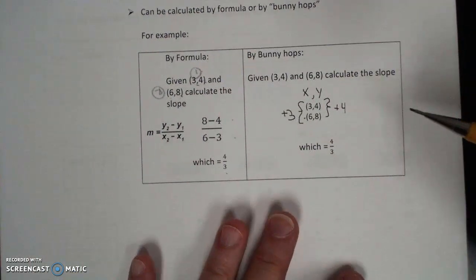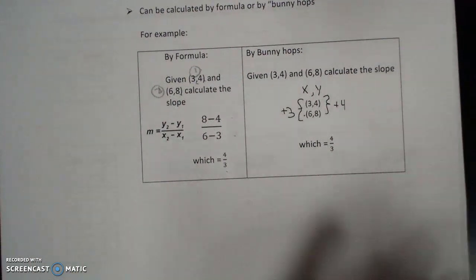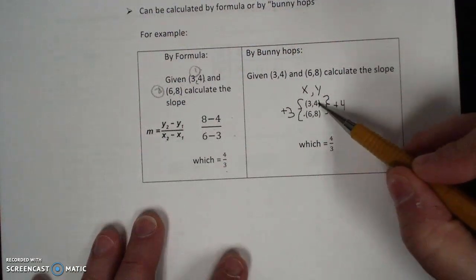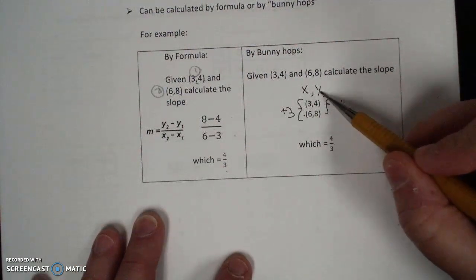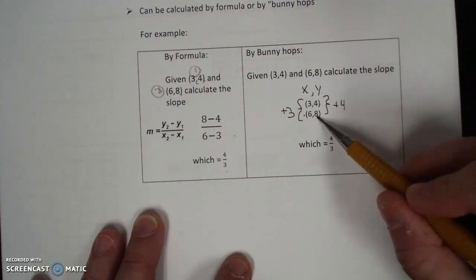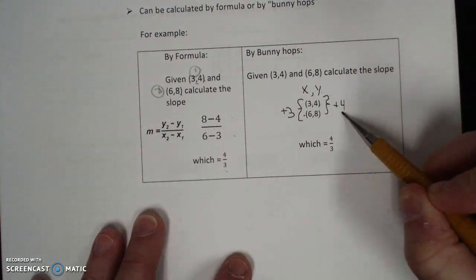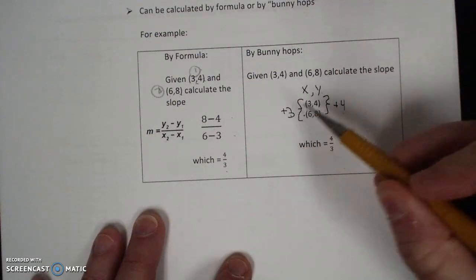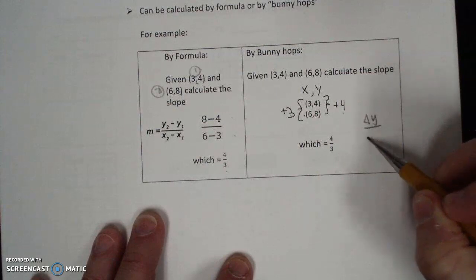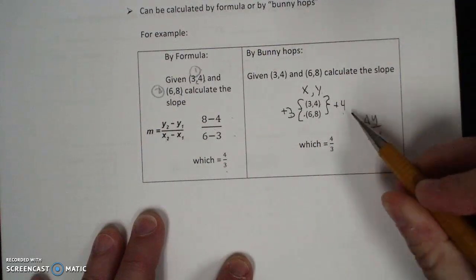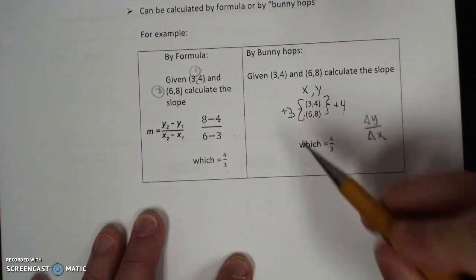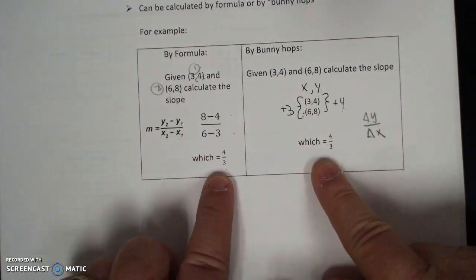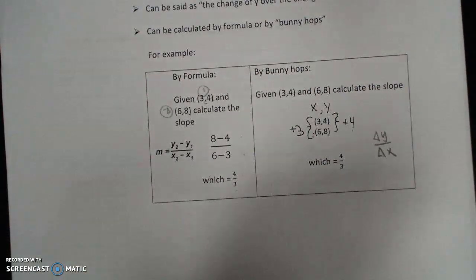Because it is the change of y over the change of x, some people stack their coordinates, and I put the x and y here and I say, how far is it from 4 to 8? And I say it's adding 4. And then I say, how far is it from 3 to 6? Add 3. And then because it's the change of y over the change of x, that means it's positive 4 over positive 3. These do the same thing. Notice we get the same answer.